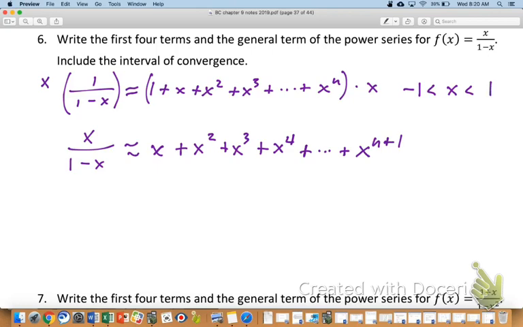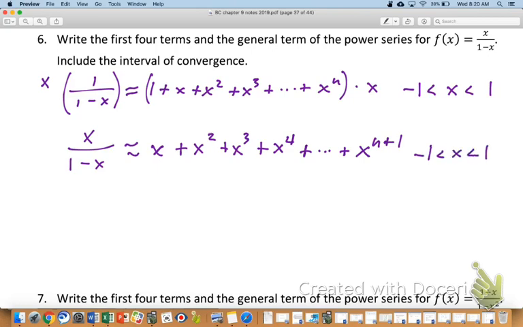You could go back through and do a full ratio test and all that stuff. Pretty sure you're just going to get negative 1 to 1 again. I don't think it's going to affect the endpoints at all. Practice that if you so choose.